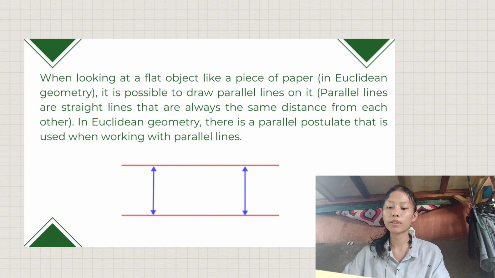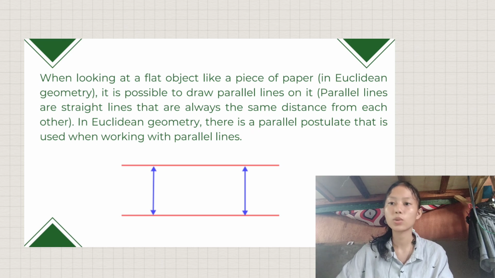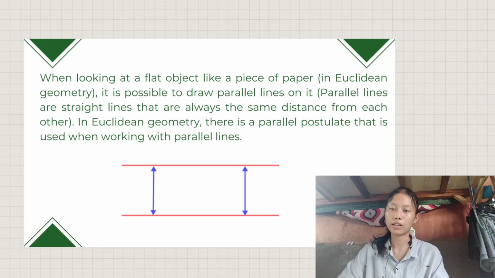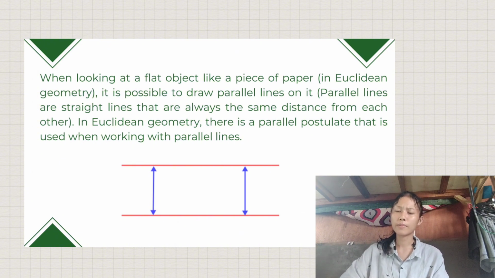In Euclidean geometry, there is a parallel postulate used when working with parallel lines. The figure given is an example of Euclidean geometry because we can see two straight lines that are parallel.